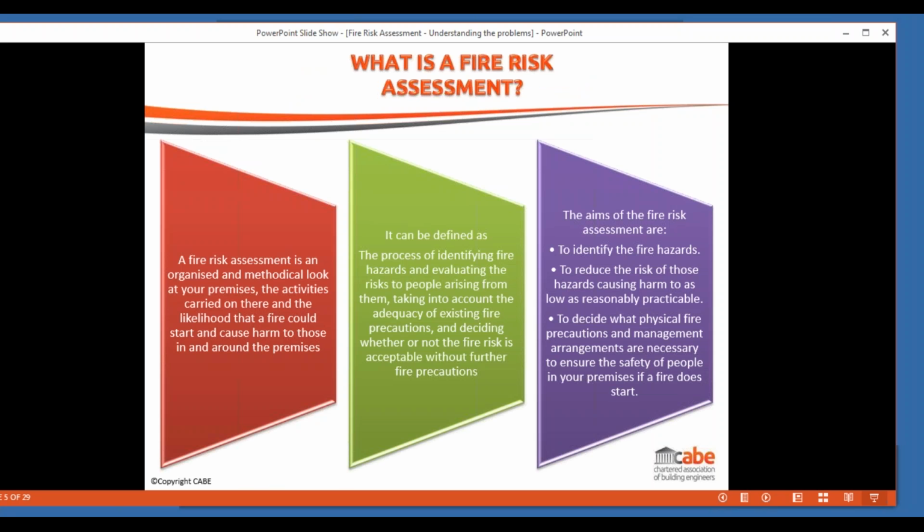So I suppose the first question to ask ourselves is, what's a fire risk assessment and why are we actually doing one? I would say right at the outset that the main difference between the fire risk assessment and the fire strategy and the fire design of the premises is that the fire risk assessment is focused on the actual use, the operation and the management of a premises, and that will include the physical features, the active and passive fire precaution measures that are built into a design.